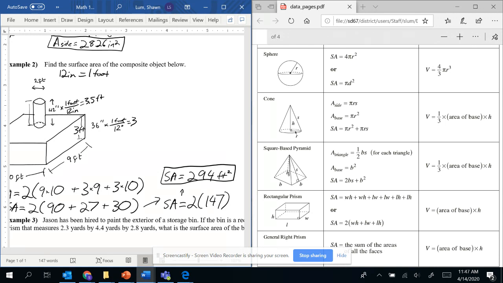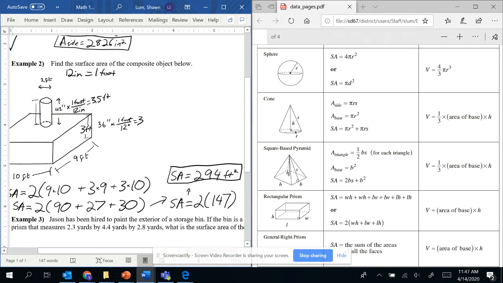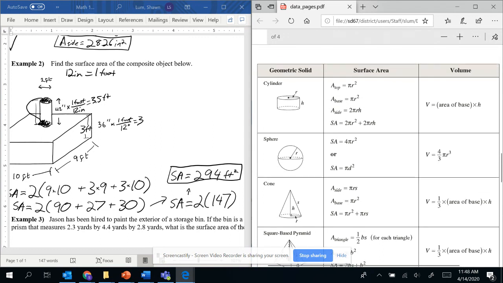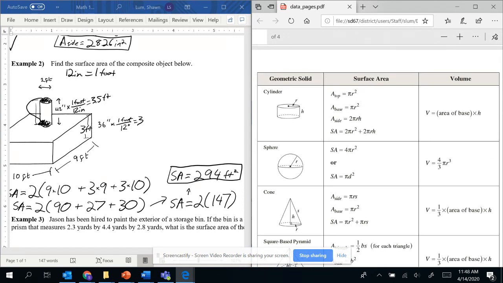Now, this is the surface area of the box that is including this little circle right here. But if you notice, this little circle right here is the exact same as this little circle right here. It's just that we're taking this little circle and putting it back down there. So now I need to find out the surface area of that cylinder.